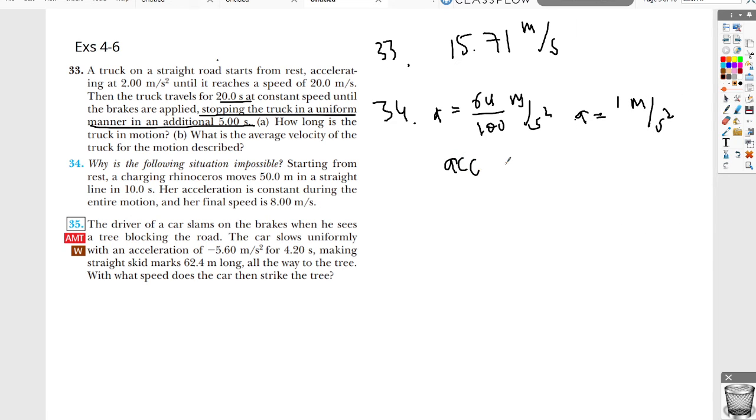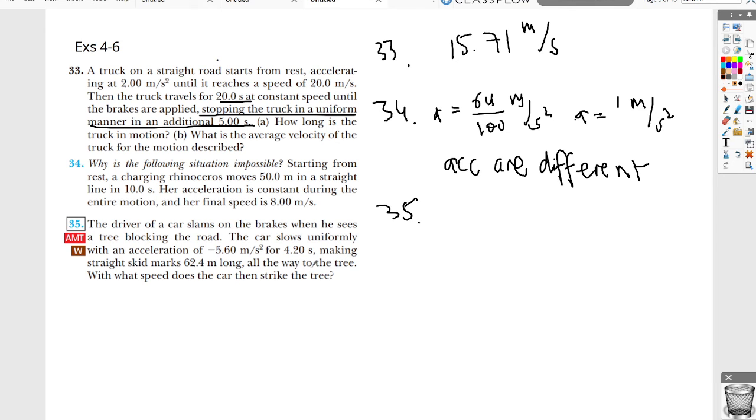Next question. A driver of a car brakes when he sees a tree blocking the road. The car slows down uniformly for this amount of time, making straight skid marks this much long, all the way to the tree.